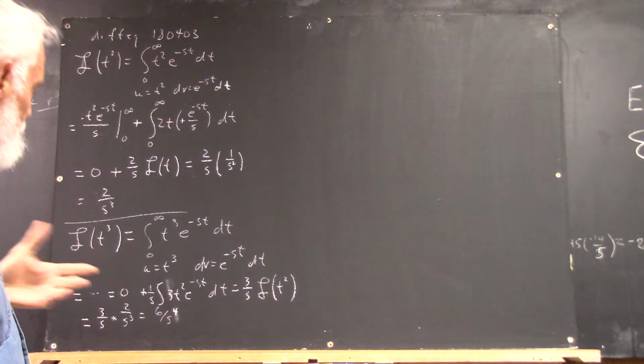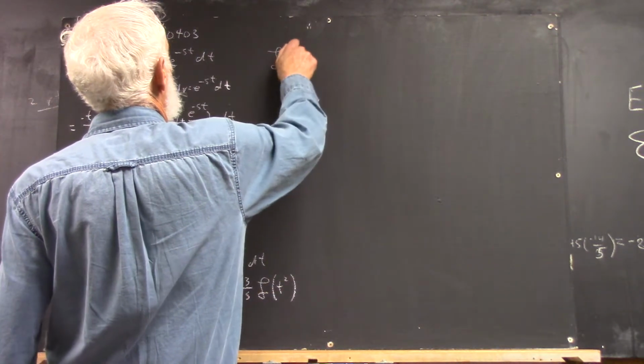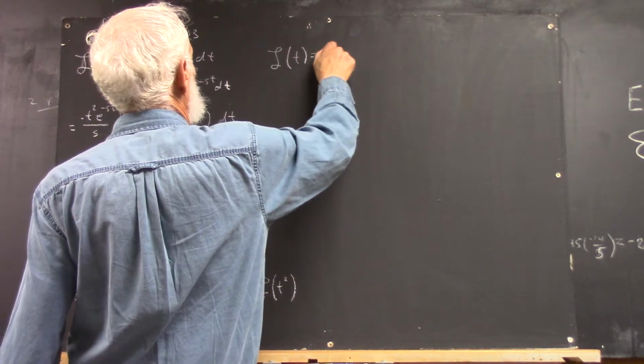So let's just kind of trace where we get this. Okay, Laplace transform of t is 1 over s squared.